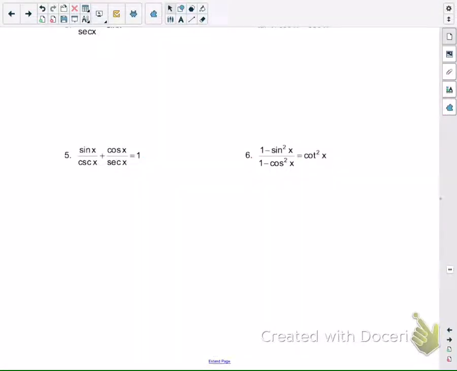So to use your double angle identities, I'm just going to give you an example to work on with this. So if you'll just find a blank spot in your notebook, I will give you an example, and we will use our double angle identities to prove it. So a good example of this is to prove this.